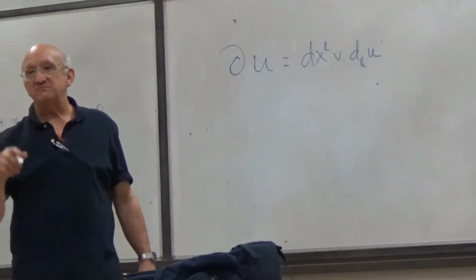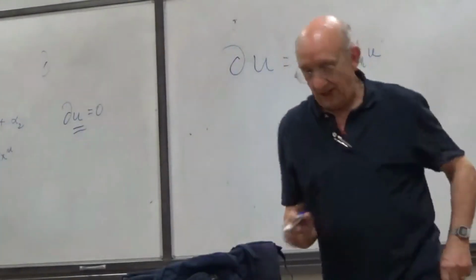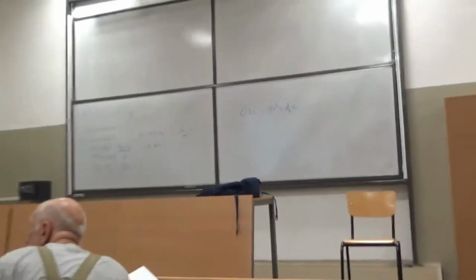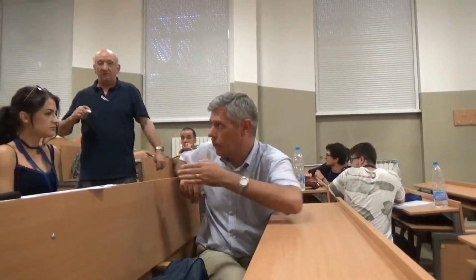And the question was, pardon me? Do I need a vector at the point, or do I need a vector field? Can I compute this at one point or do I need the whole vector field? No, we need a direction to compute the derivative. You need the vector field, not only the directions of the differential forms.